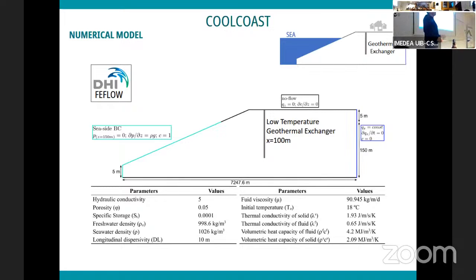Some young people may not know, but before, fridges had pipes behind them. Now there is aluminum. But you exchange energy with the atmosphere. You warm the air behind the fridge, while inside the fridge you are cold.